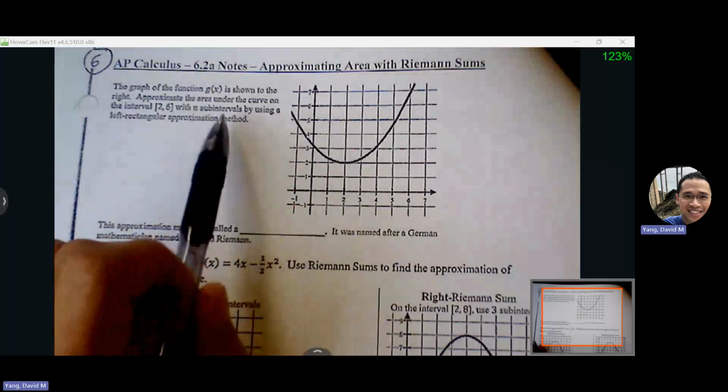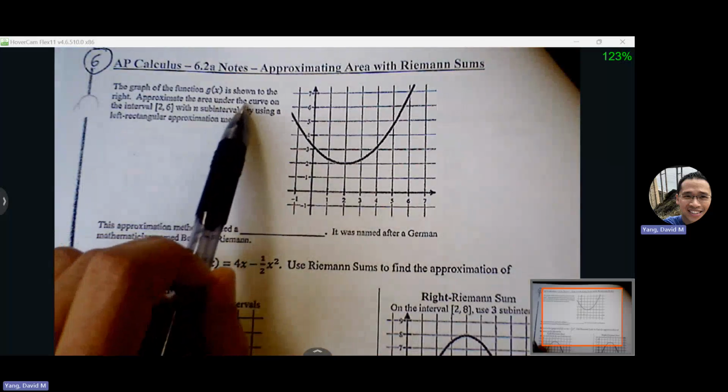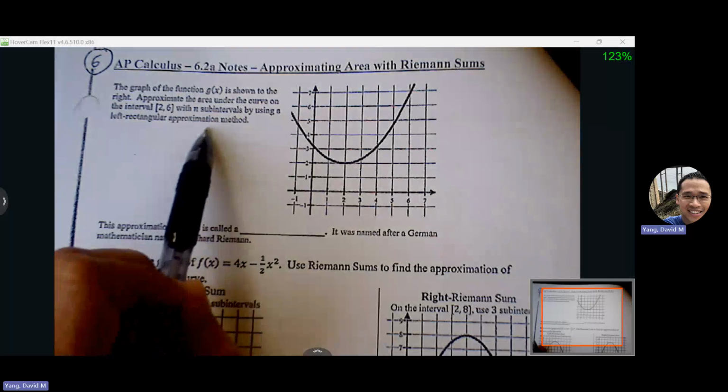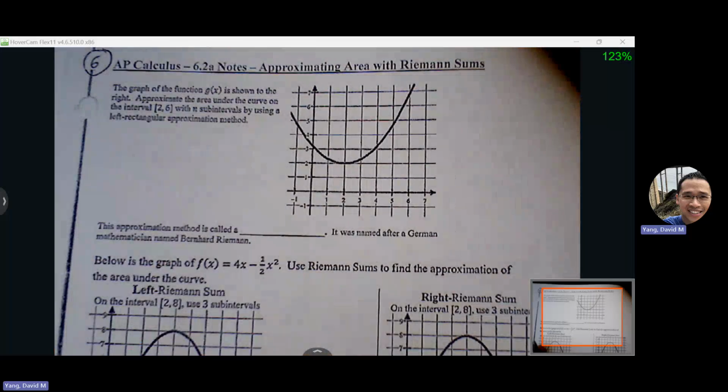So the graph of the function g is shown to the right. Approximate the area under the curve by using left rectangular approximation methods. So we're going to create these rectangles, where the left endpoint is going to determine the height of each rectangle. Okay.